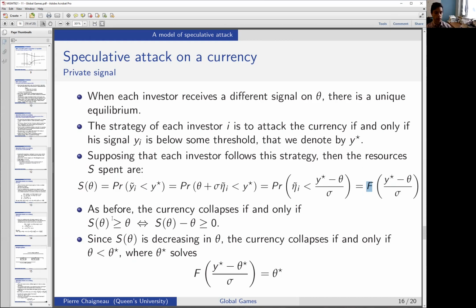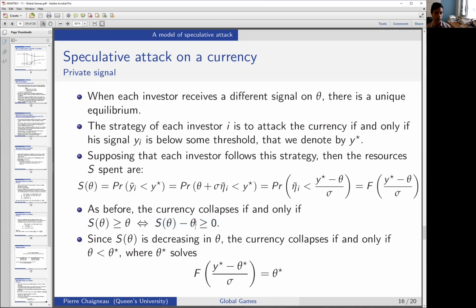So the condition for the currency to collapse, as before, is when the resources spent, S, are greater than theta. And so here's the only difference, that we relate the resources spent to the economic fundamentals, or to the value of theta. How do we rewrite this inequality, this condition for the currency to collapse? We can just throw everything on the left-hand side. And this is the case whenever S minus theta is positive.